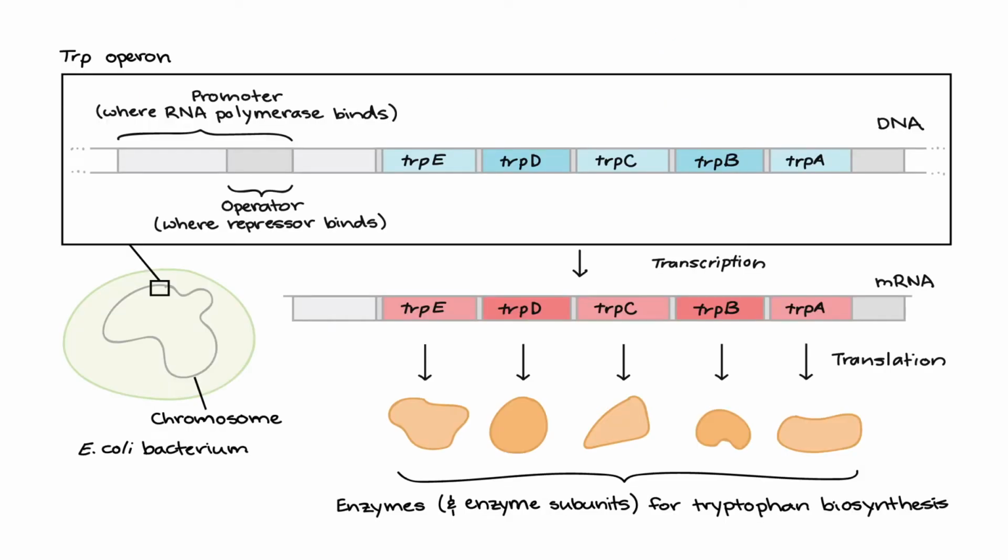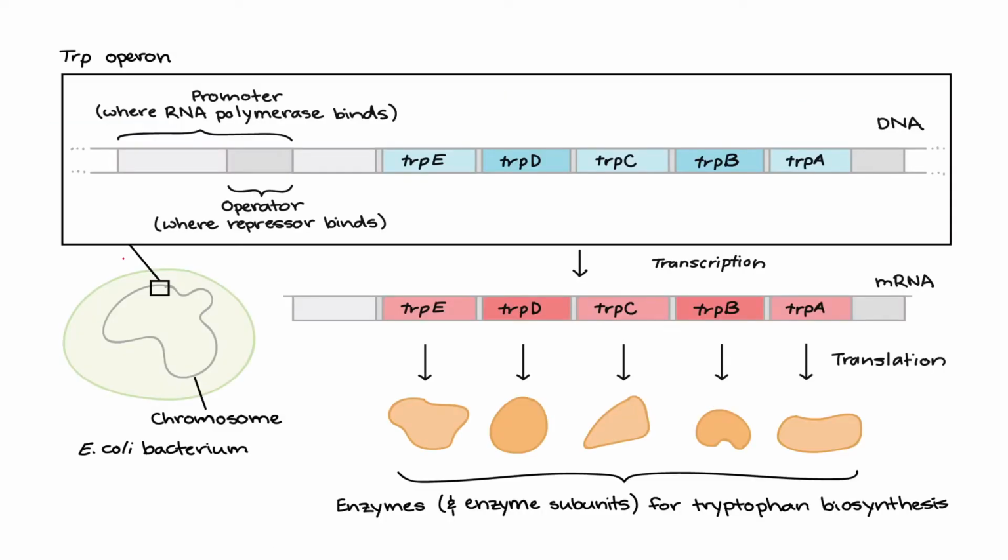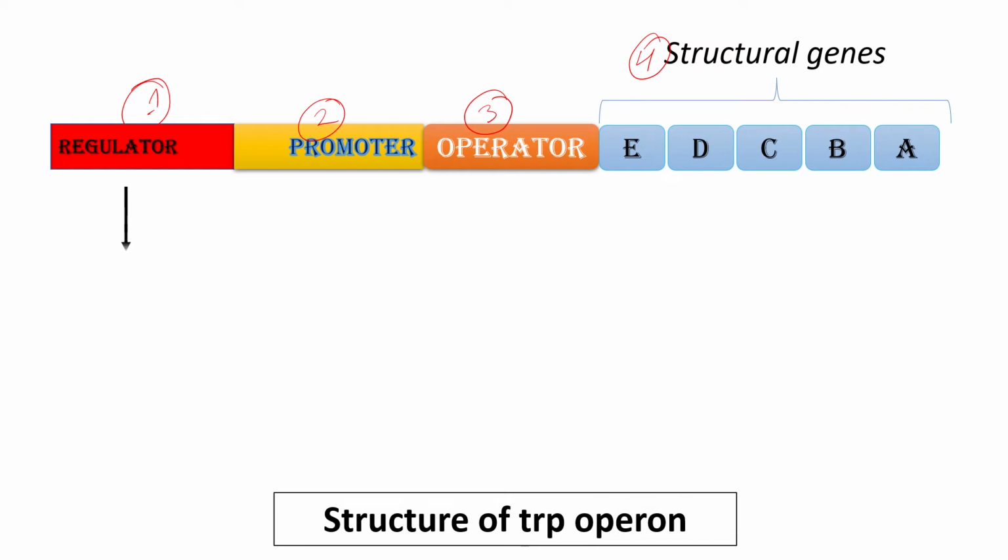Now let's see what the functions of the different components are. Just like the lac operon, these have the same functions. In case of regulator, what does the regulator do? Regulator synthesizes a regulatory or repressor protein, which is actually an inactive repressor, inactive in nature.